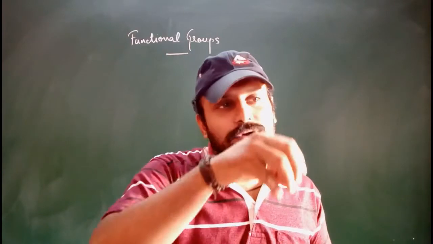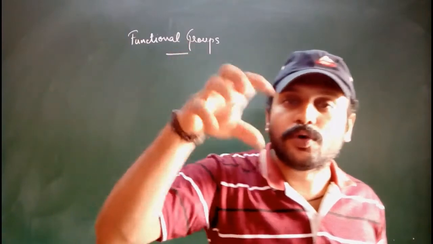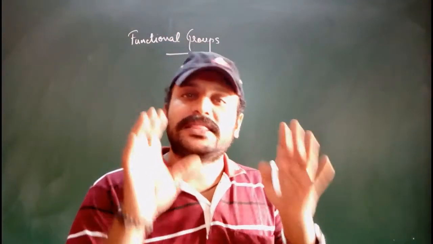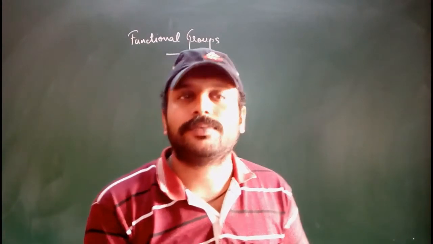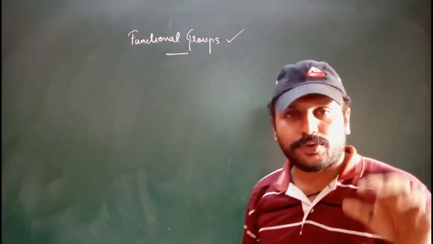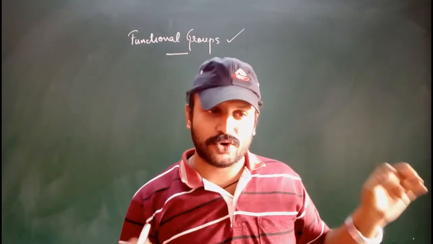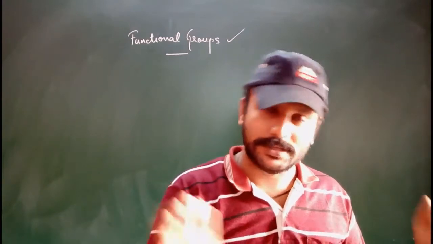Based on that group of atoms the complete property of the carbon compound depends. That group of atoms which tells about the nature of the carbon compound is called a functional group. So we came to know what is meant by functional group. Functional group is nothing but a group of atoms upon which the nature of the complete carbon compound depends.